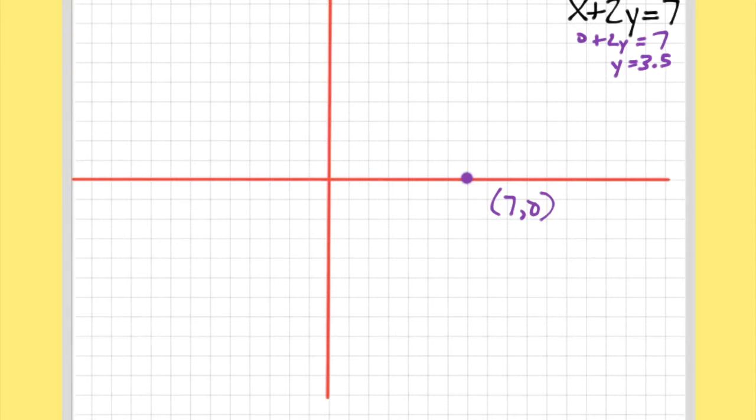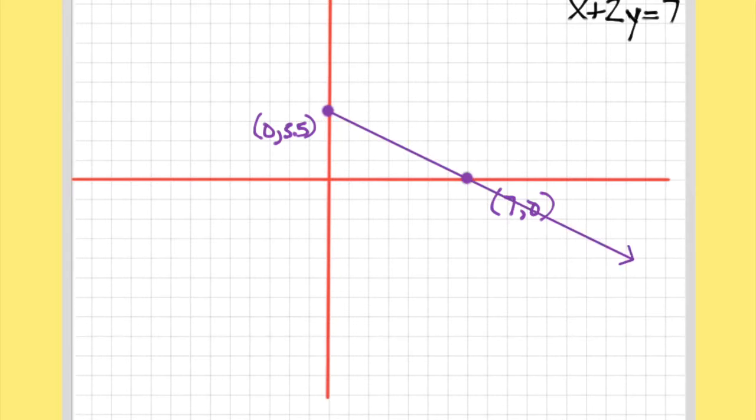That means that (0, 3.5) is also a solution to our equation. And like we said, the line is the collection of all points that fit that equation, and so we can continue that line endlessly in both directions.